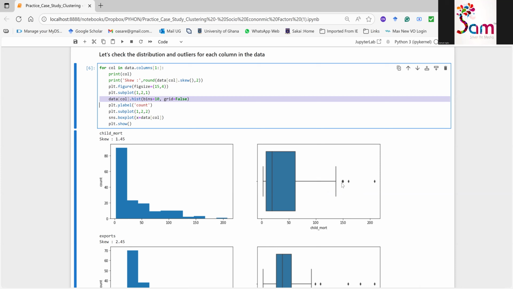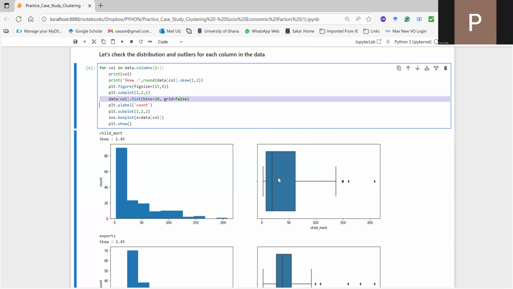Those are outliers. And what is this figure? Pascal, what is this figure? That's the interquartile range. No. The whole of this figure? That's the box plot of the child mortality.